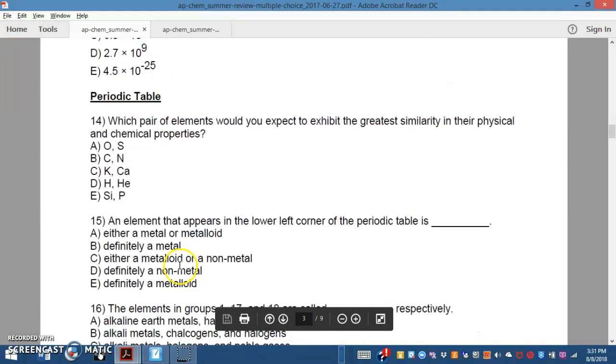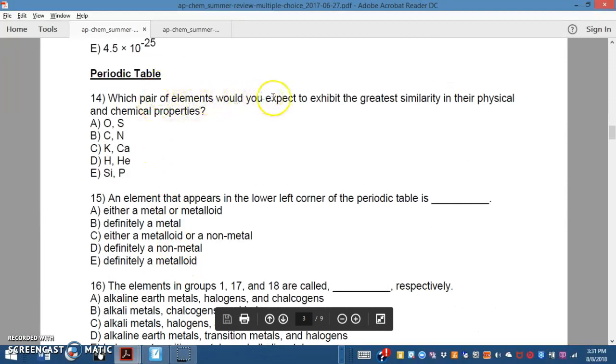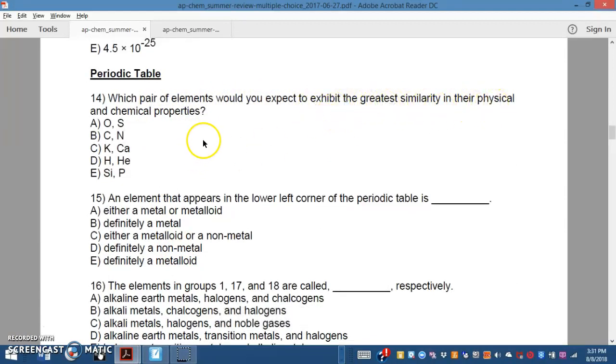Then for the periodic table, which pair of elements would you expect to exhibit greater similarity? They have to be the ones in the same vertical line. So oxygen and sulfur.